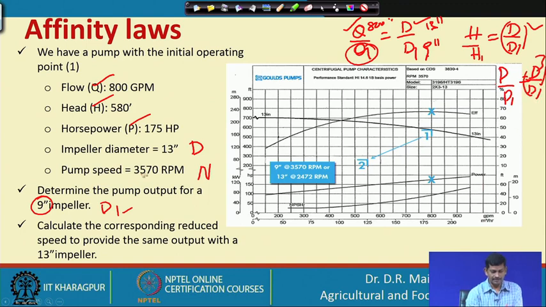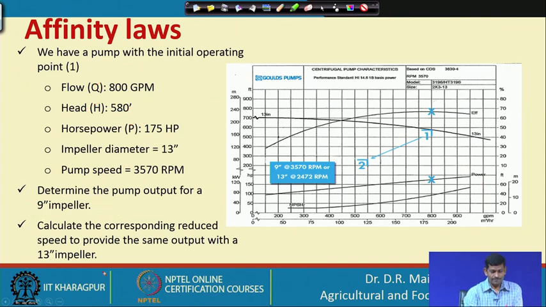Look at this: the power P is given, so you can calculate P1, and H is given, so you can calculate H1. If you have a characteristic curve graph, you can also use this graph, knowing the 13-inch diameter, and probably you get the 9-inch diameter.